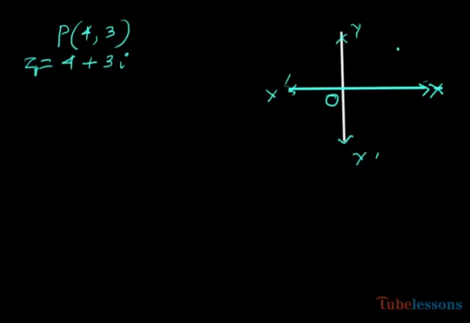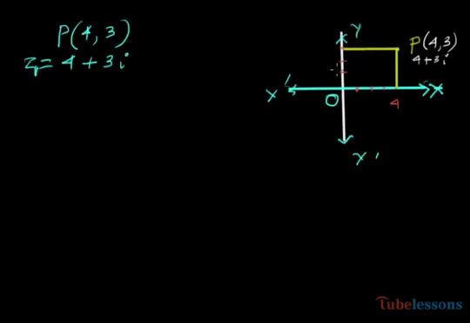If you mark 1, 2, 3, 4, and then 1, 2, 3, and join, you get the point P. The corresponding complex number is Z, which is equal to 4 plus 3i.